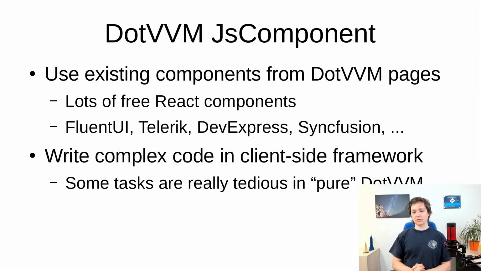The idea is that you might want to use some existing React components, or whichever framework you like, in the DotVVM application, and there is a ton of free and actually quite well-written React components on the internet or in the npm repository, and also many commercial components have React bindings.